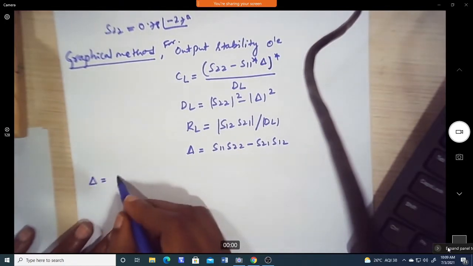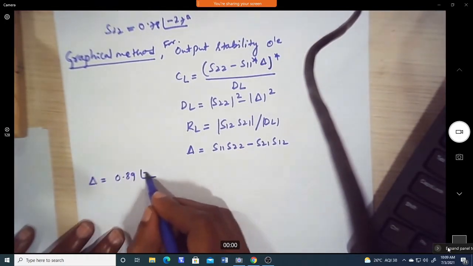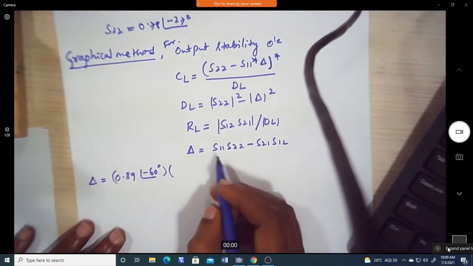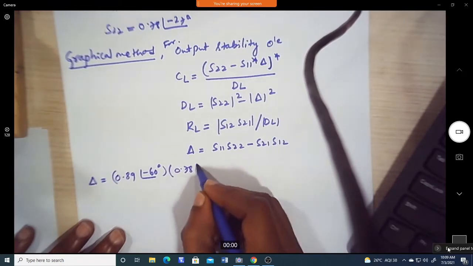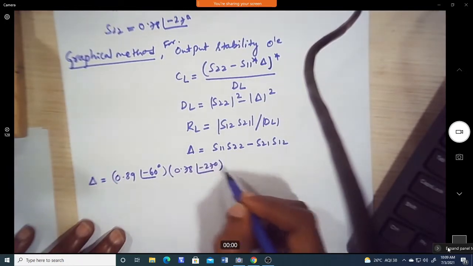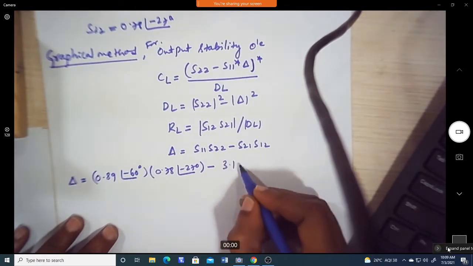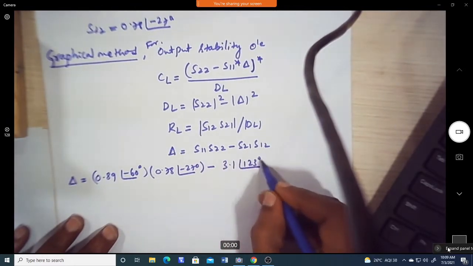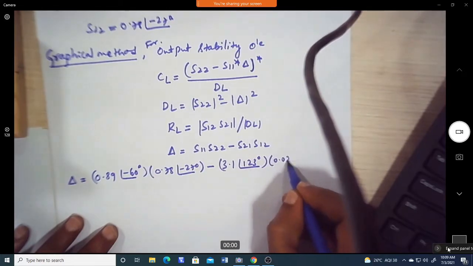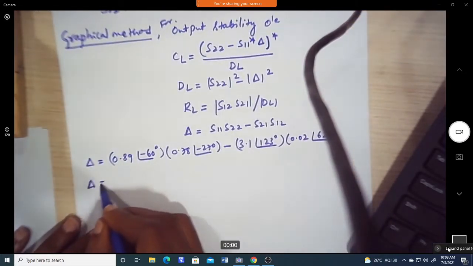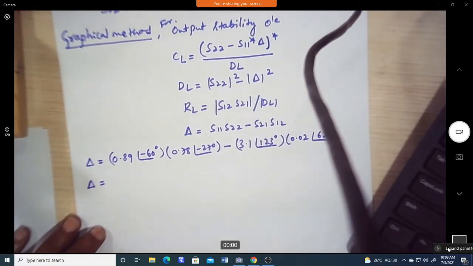S11 is 0.89 at an angle minus 60 degree, into S22, 0.78 at an angle minus 27 degree, minus S21, which is 3.1 at an angle 123 degree, into 0.02 at an angle 62 degree. Find out the value of delta, which we calculated yesterday.